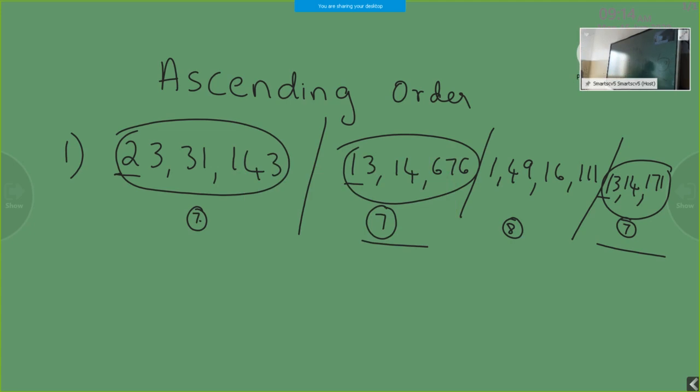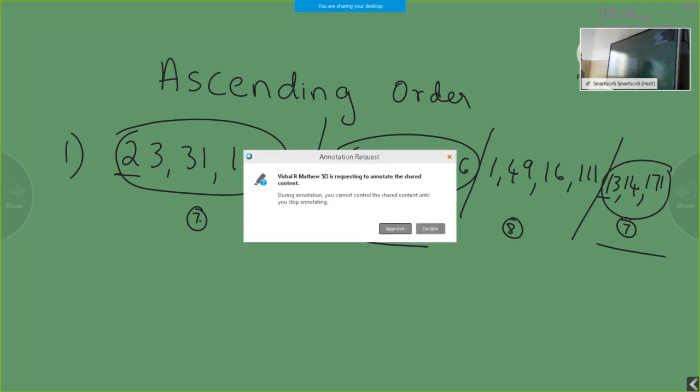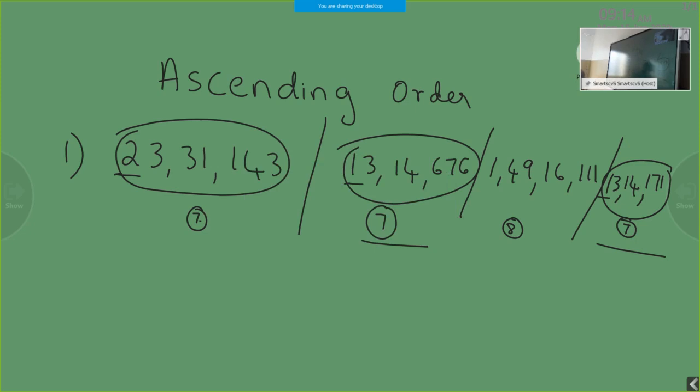Okay, in that case, coming to the second position. Again, we have 2 numbers with the same digit in the leftmost position. So comparing these 2 numbers, coming to the next digit from the leftmost position, that also has 3 at the second position. So in that case, what we have to do? We have to move to the next digit.